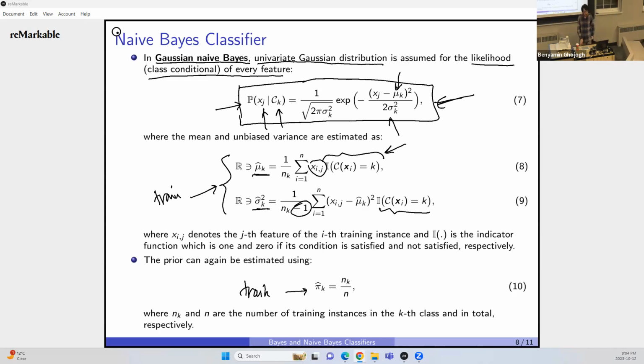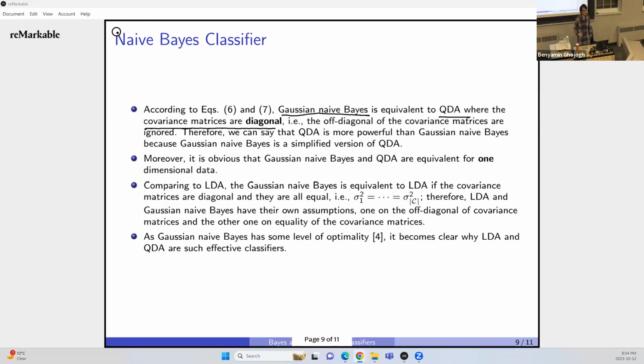So basically, in Gaussian naive Bayes, I'm assuming that my covariance matrix is diagonal because I'm using D of them. Also, I'm assuming that the features are uncorrelated. So the off-diagonal elements of the covariance matrix are 0 in Gaussian naive Bayes. But in QDA, I might have a dense covariance matrix. Okay?